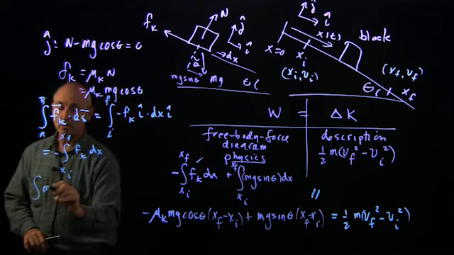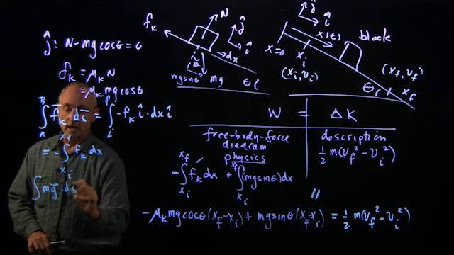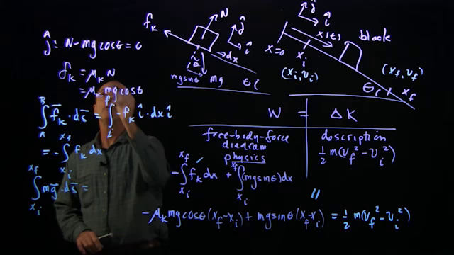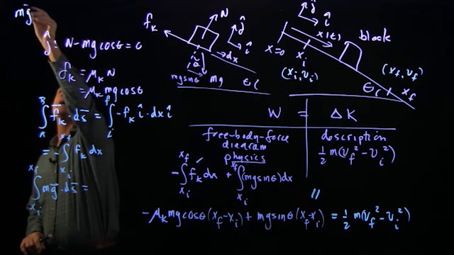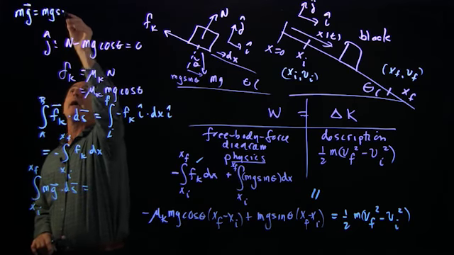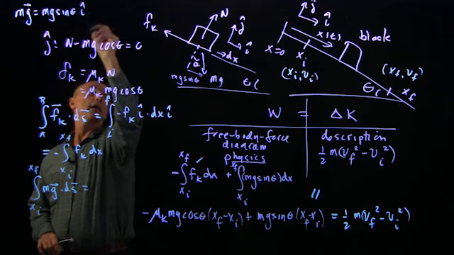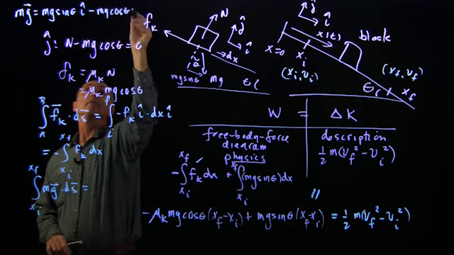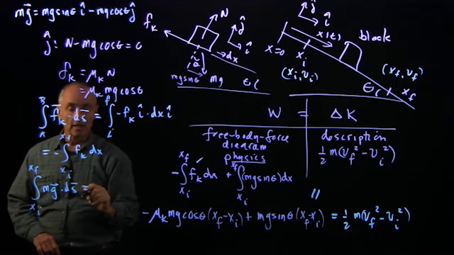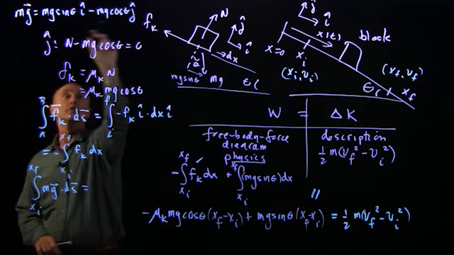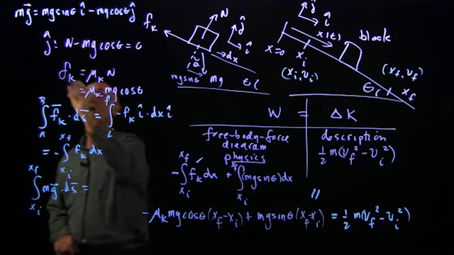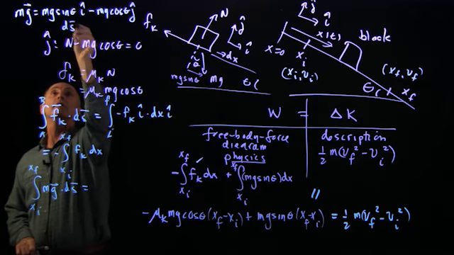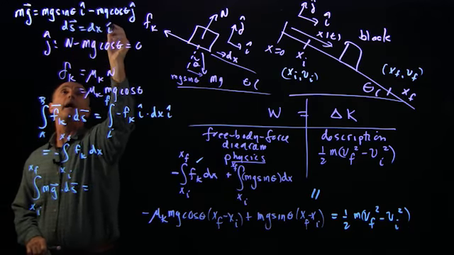The second piece, the gravitational force, dotted into ds from x initial to x final. Well, if you wrote down the gravitational force, mg, as an i hat component, mg sine theta, and a negative mg cosine theta j hat component, then when we take the dot product, we'll write ds as dx i hat.